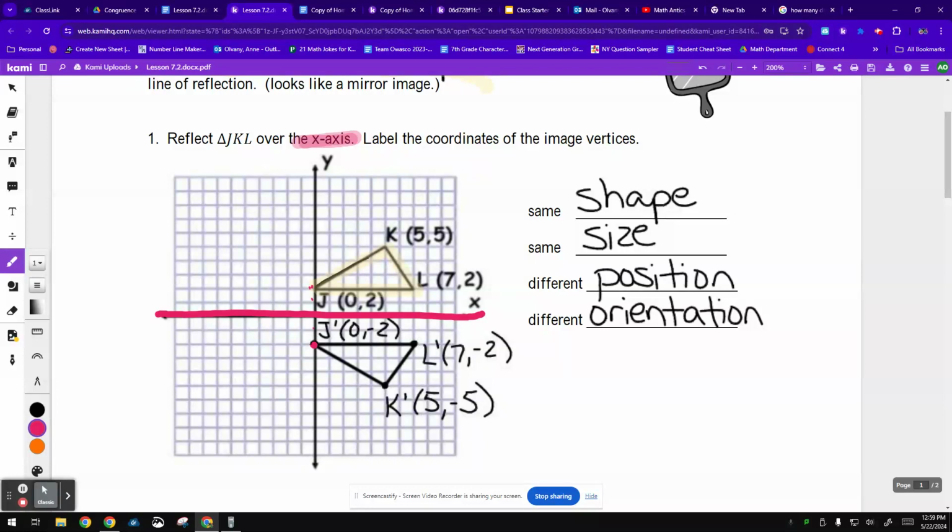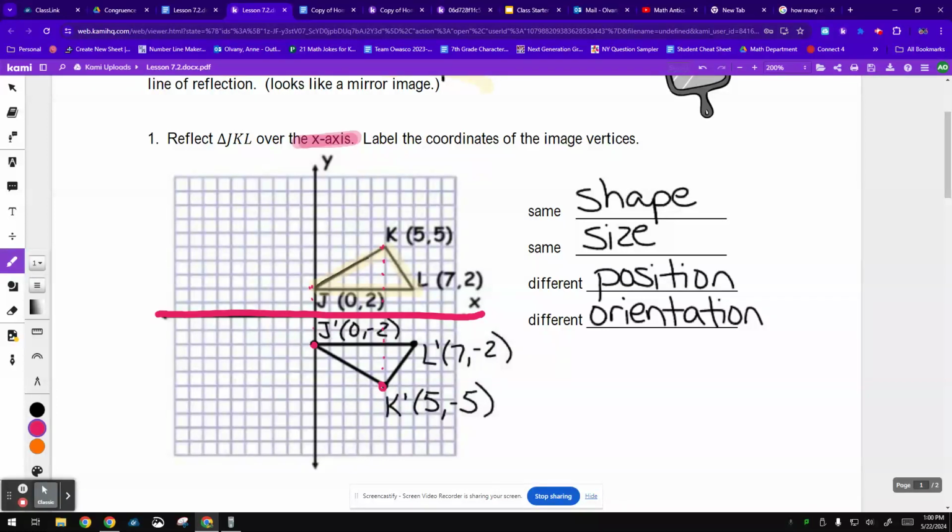Then I'm going to take K, and I'm going to count down to my line of reflection. 1, 2, 3, 4, 5. And I'm going to count 5 the other way. 1, 2, 3, 4, 5. That's what got me to point K prime, and that is the point 5, -5.